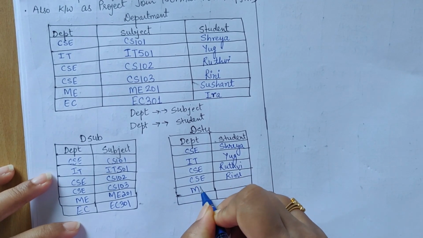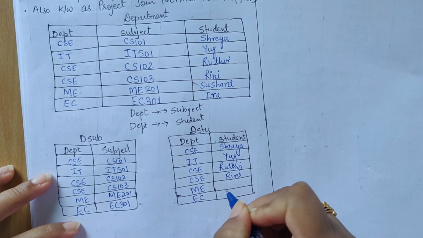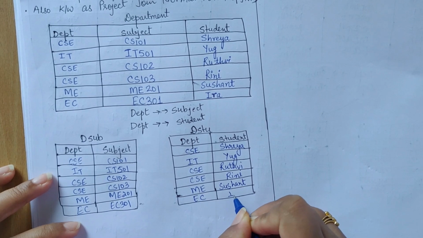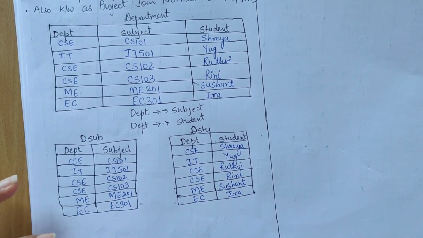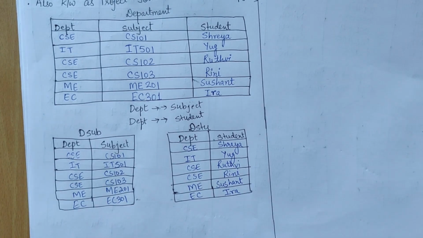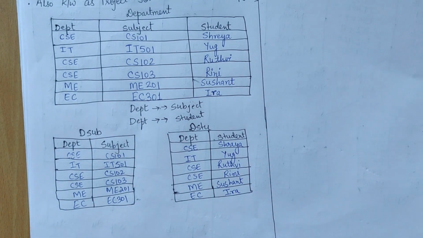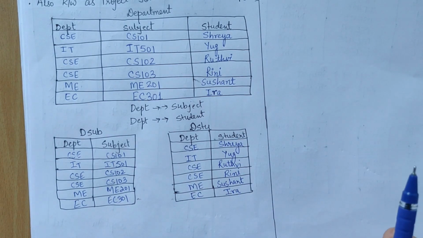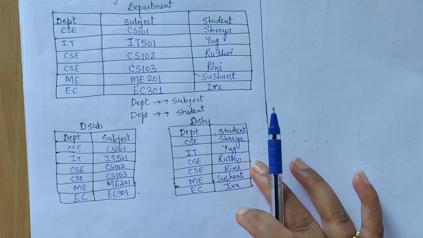Next we have ME and EC. Here we have Sushant and Ira. Now if you can check, this table does not have any problem with respect to multi-valued dependency. All the problems with respect to multi-valued dependency are solved.